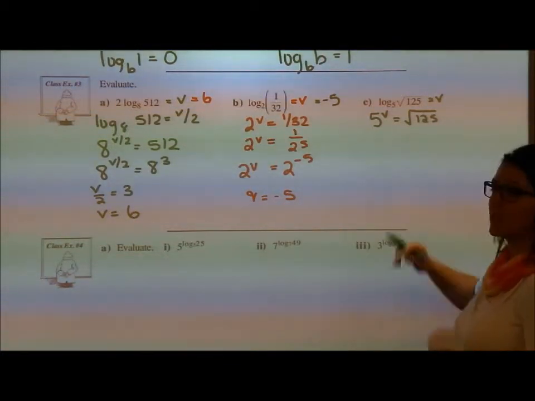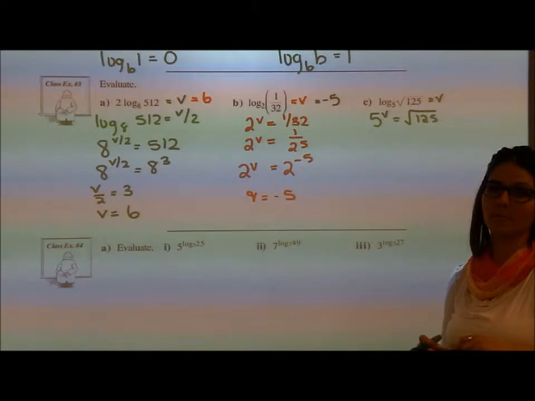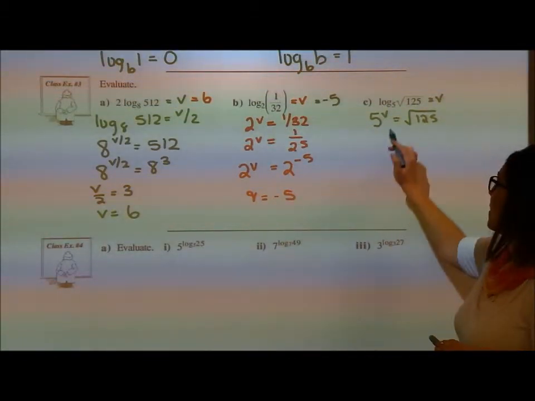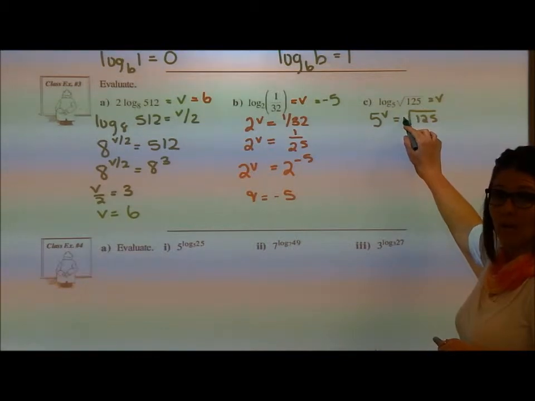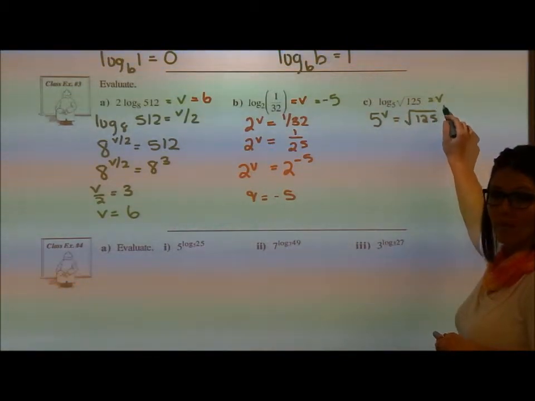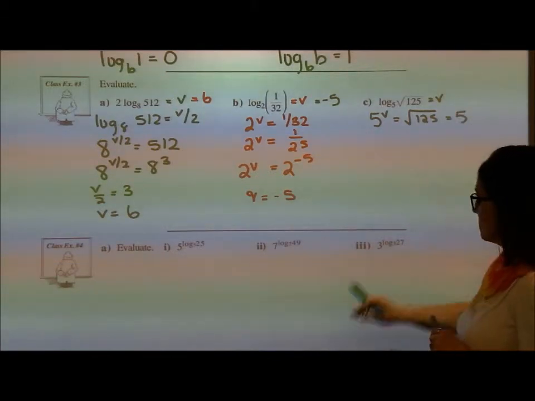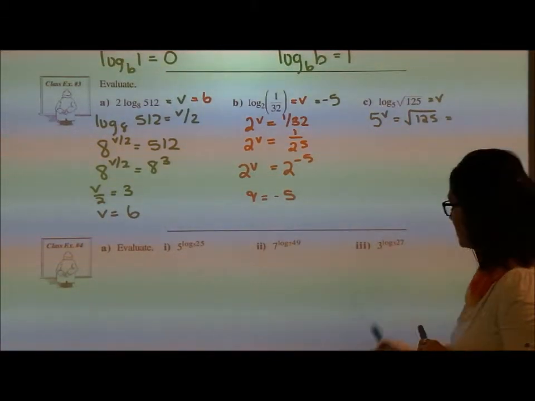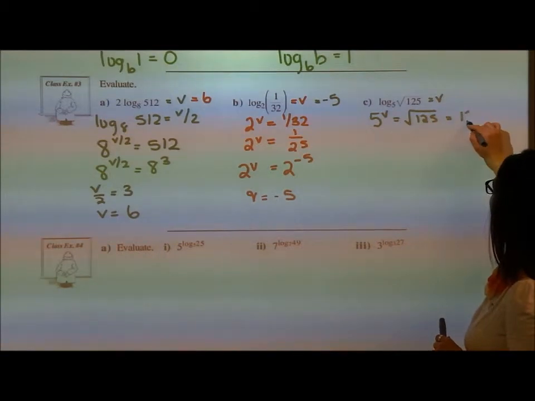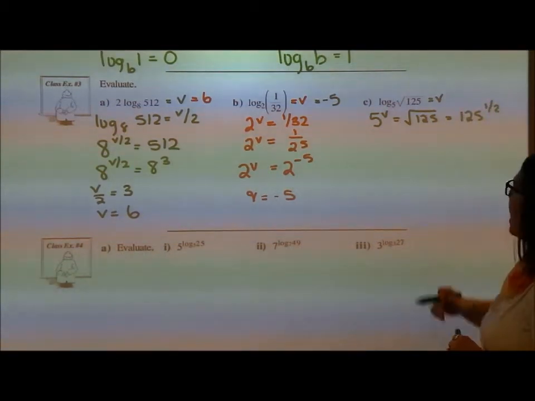So the square root is to the power of what? 1/2. The index is 2. That becomes the denominator of my rational, and the exponent would be 1. So this would be 125 to the power of 1/2.